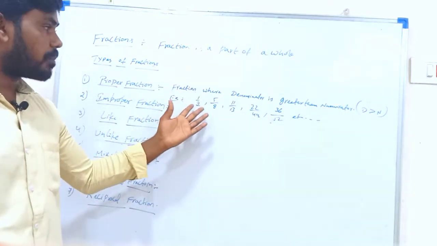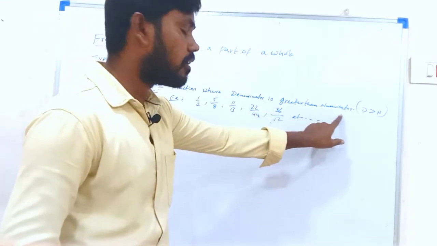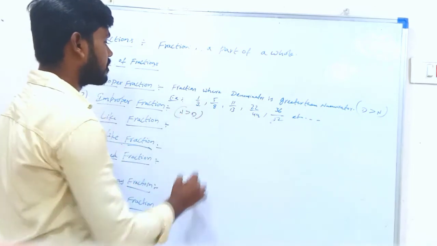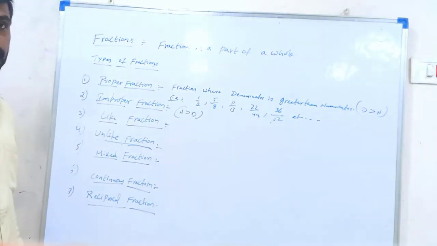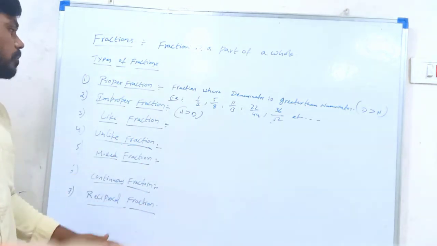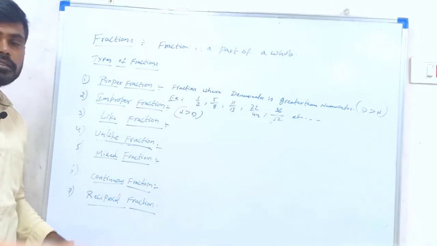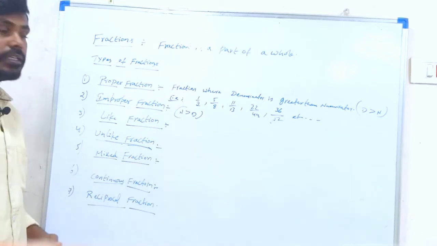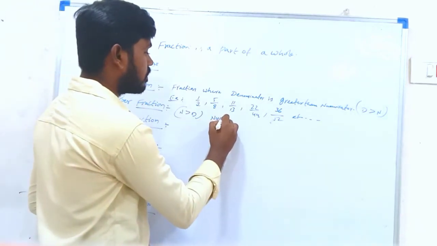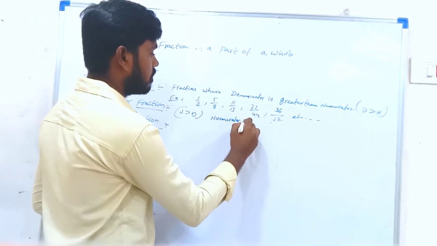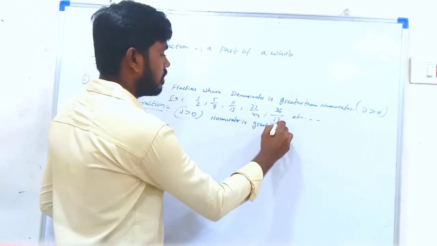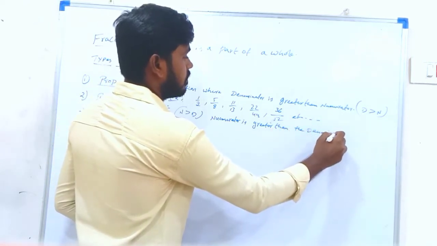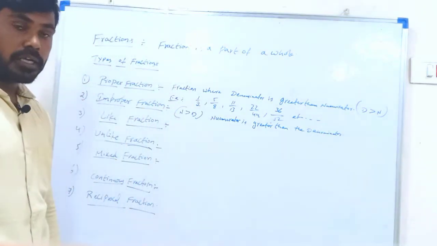In a proper fraction the denominator is greater than the numerator, but in the case of an improper fraction the numerator is greater than the denominator. Such fractions are called improper fractions.